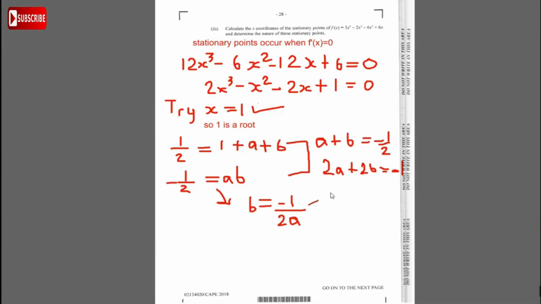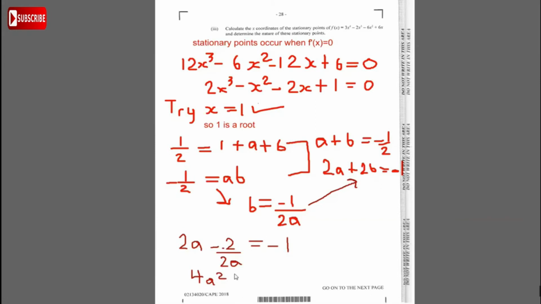So I'm going to plug this equation into that equation. Doing that, 2a plus 2b, where 2b will now become minus 2 over 2a, is equal to negative 1. I multiply through by 2a, and this will become 4a squared minus 1 times 2a.